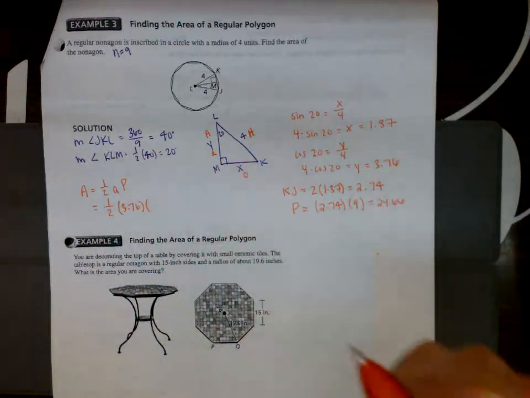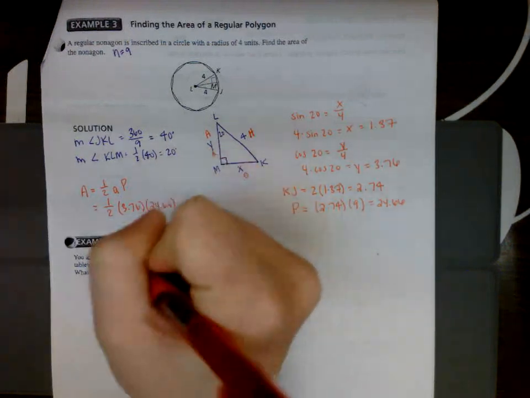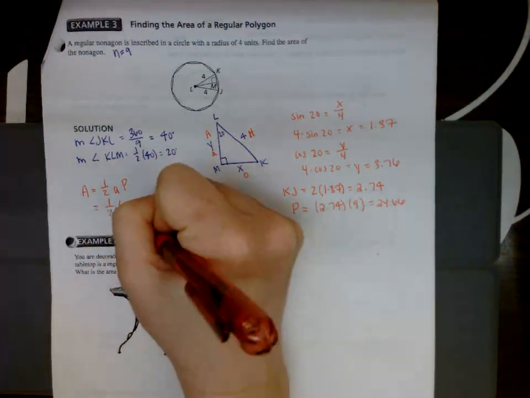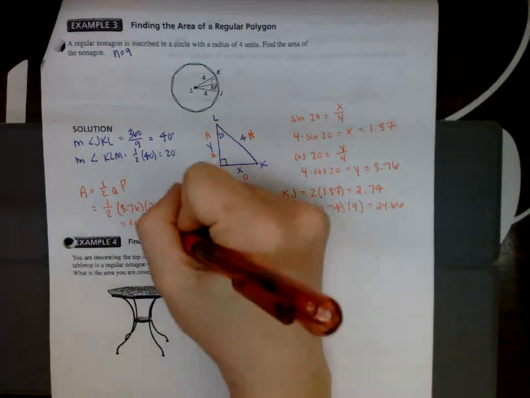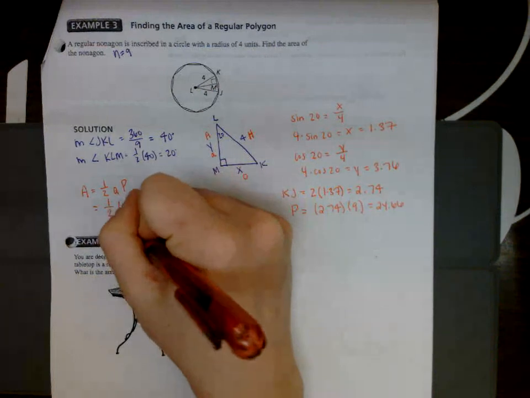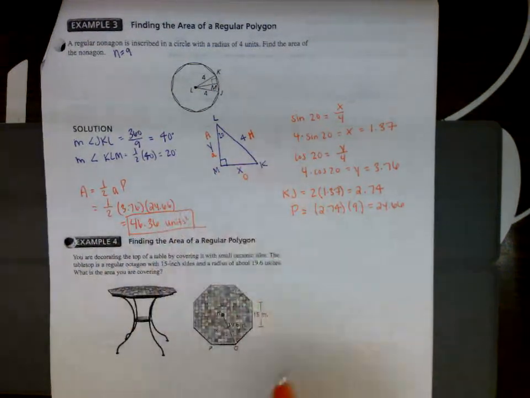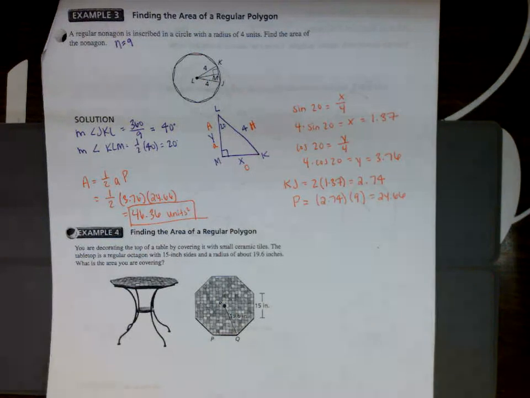Capital P was 24.66. Multiply all of that together and you get 46.36. And it just says units, so I'm going to go units squared. Okay, and that's how you would solve that problem. Okay, so there is one example.